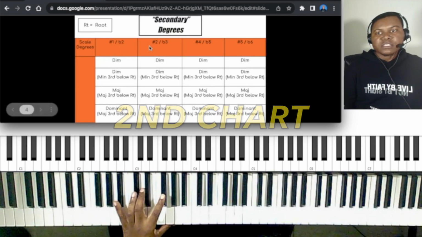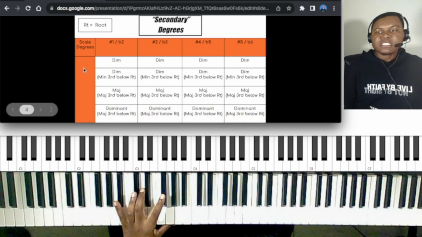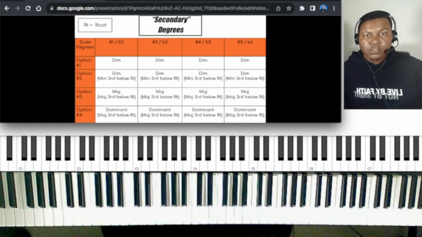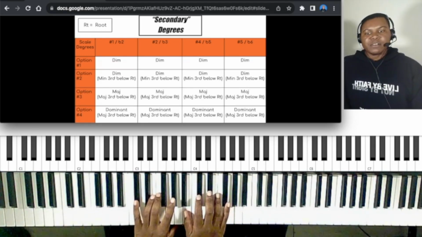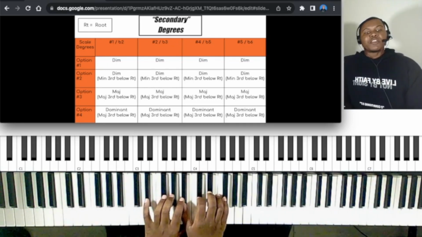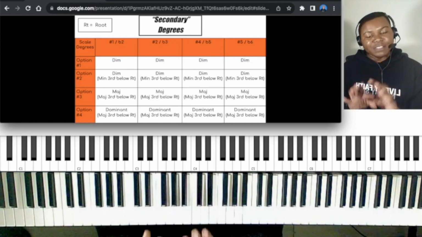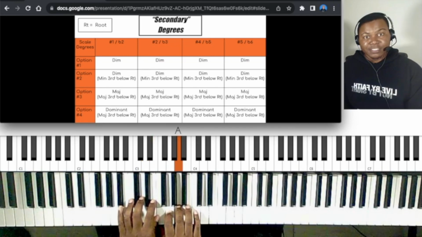And I guess I should have put option 1. So option 1 is what I would call the easiest, most common occurrence of all the different options we can do over these secondary degrees.